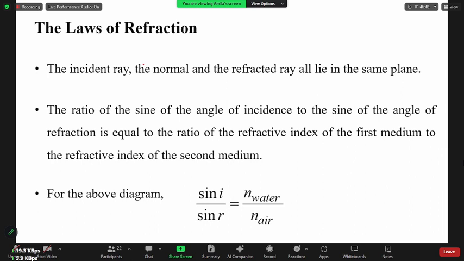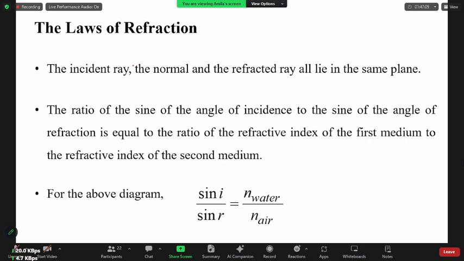The second law: the ratio of the sine of the angle of incidence to the sine of the angle of refraction is equal to the ratio of the refractive indices.